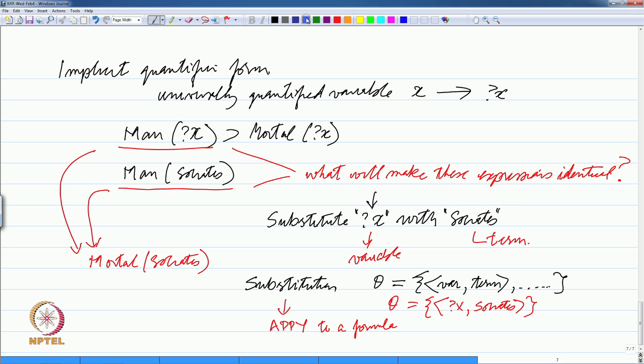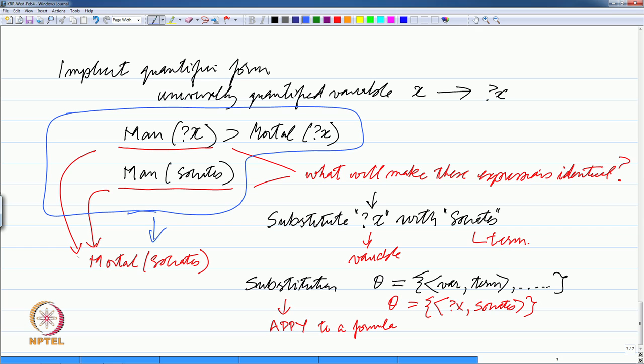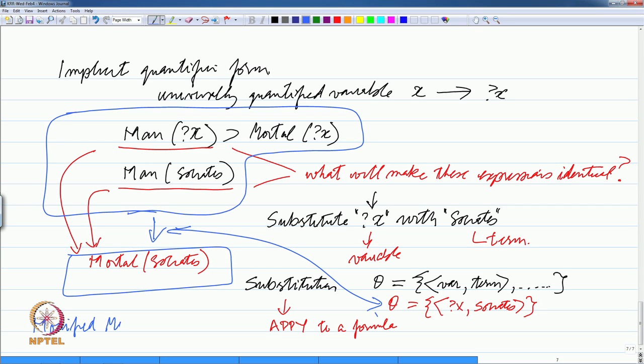So, this rule which allows us to do this takes these two formulas and infers this formula by applying a substitution. The theta that we are applying is this one here, and we will call this rule modified modus ponens, or MPP.